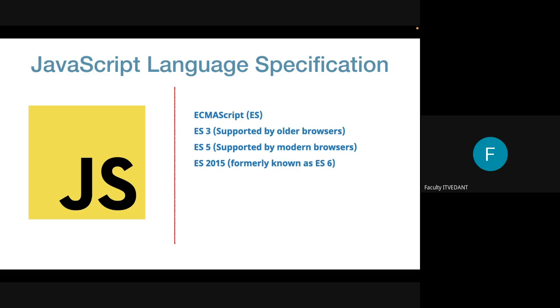After ES6, ECMAScript changed its naming convention from ES3 and ES5 to ES2015, because it was introduced in 2015. Later on it was named ES2015, ES2016, ES2017, 2018, 2019, 2021, 2022. Currently all specifications up to ES2021 are there, but 2022 is still in progress. So that's what the language specification is, and all the browsers support up to ES6.